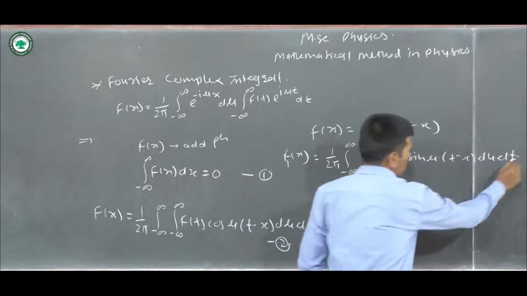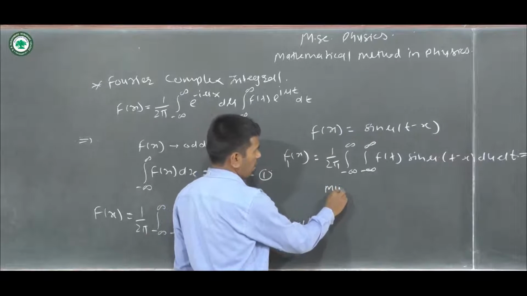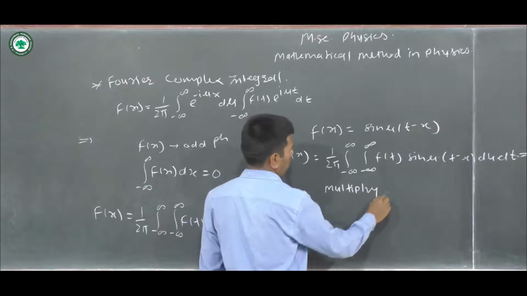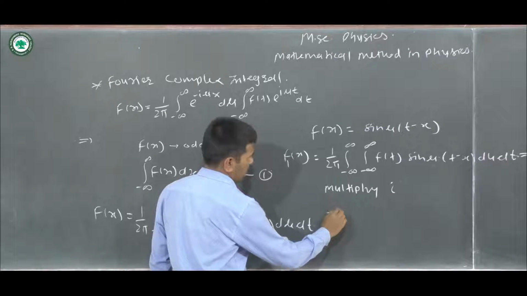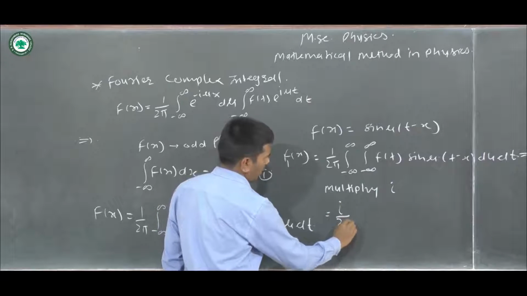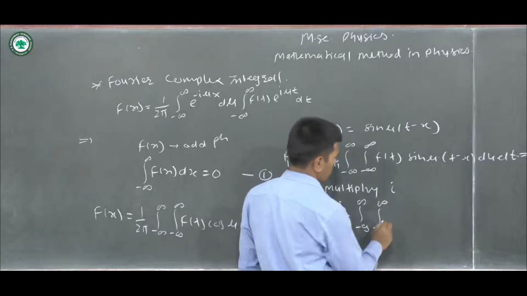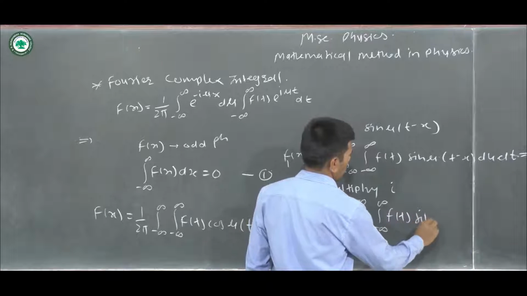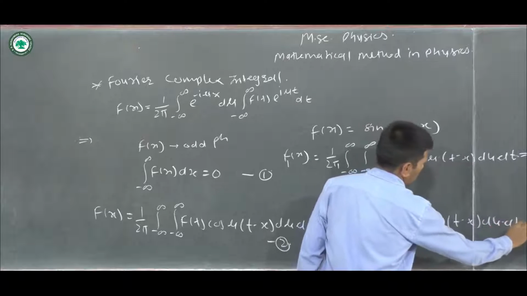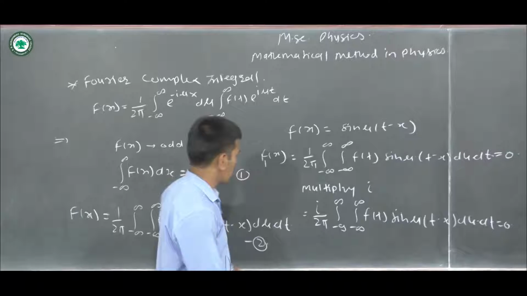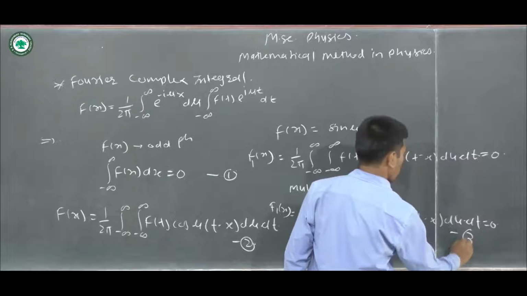In the next step, let us multiply by i to these expressions. So we can write i/(2π) ∫ from −∞ to +∞, and again ∫ from −∞ to +∞ f(t) sin u(t − x) du dt is equal to 0. This expression is equation number 3.